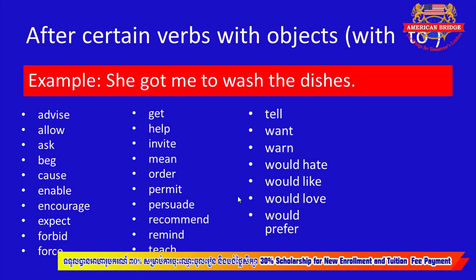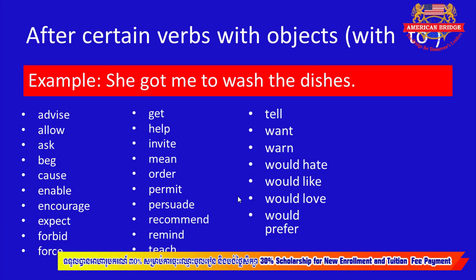So "teach somebody something" or "teach somebody to do something." This is the structure. So you just say, like, "my teacher taught me to write, taught me to speak fluently." Okay, "remind somebody to do something."